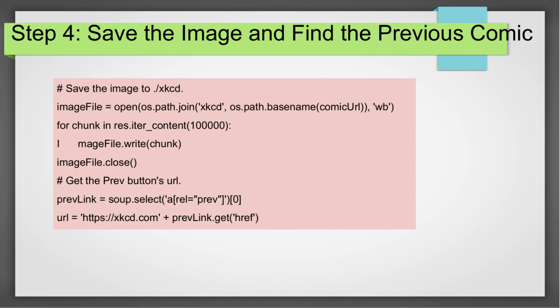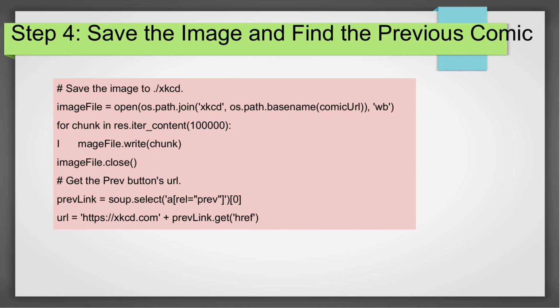Now that you finally have the filename, you can call the open function to open a new file in 'wb' write binary mode. Remember from earlier in this course that to save files you've downloaded using requests, you need to loop over the return value of the iter_content method. The code in the for loop writes out chunks of the image data, at most 100,000 bytes each, to the file, and then you close the file.